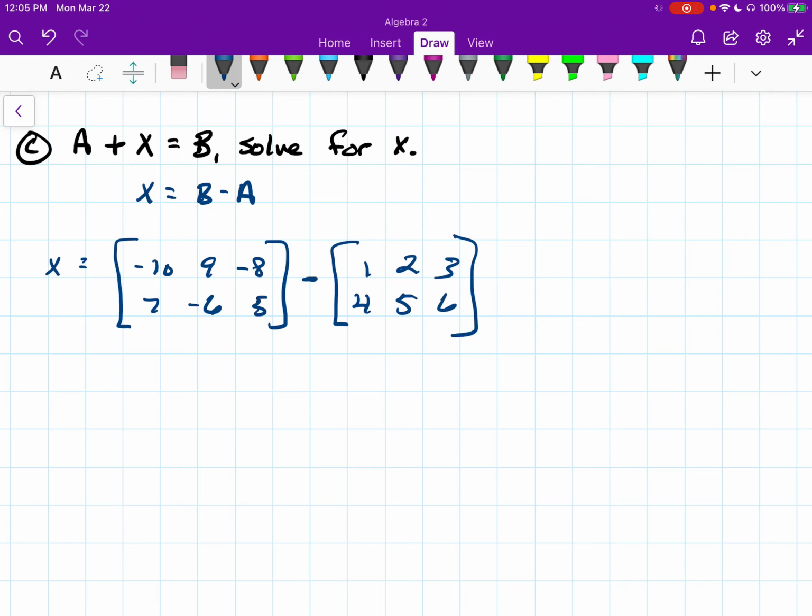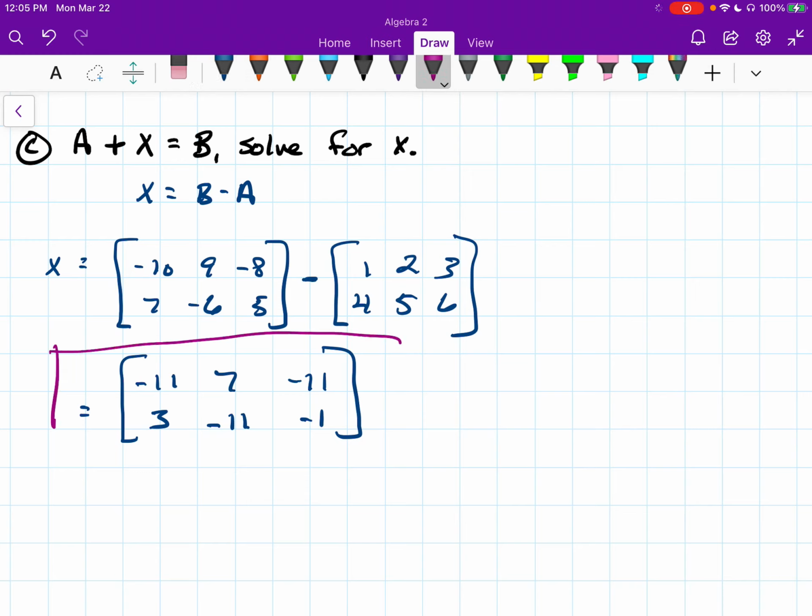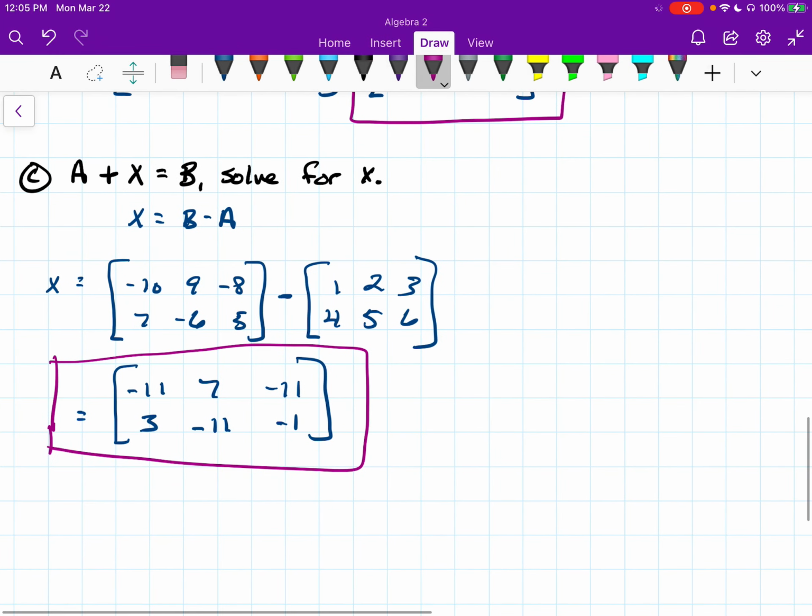Here I'm not going to write the intermediate step. I'm just going to jump straight to the end. We got negative 11, 7, negative 11, 3, negative 11, and negative 1. And there we are, right? This is x, that's our matrix x.